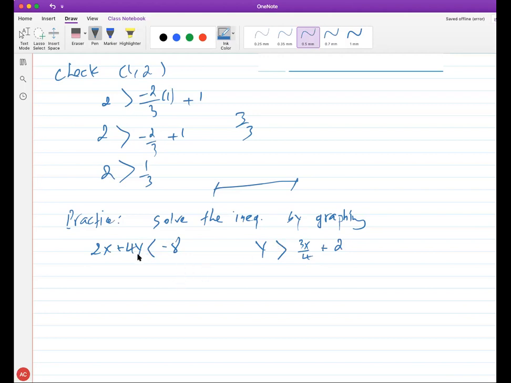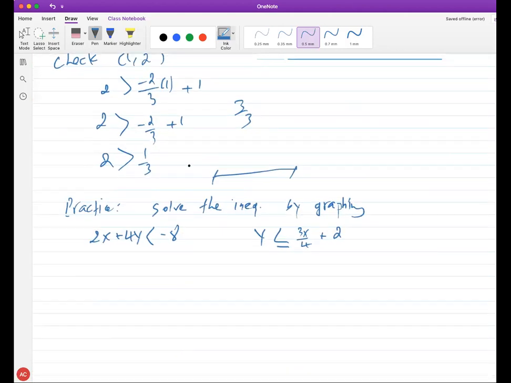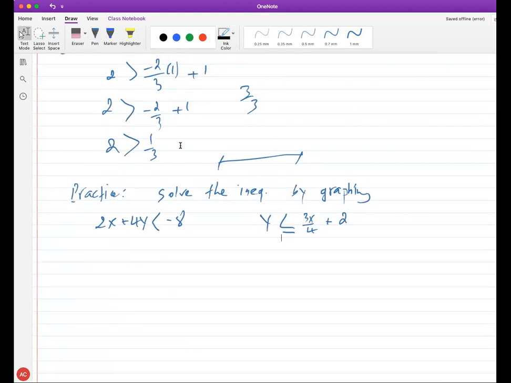Okay, got two examples here. Actually, let's change this a little bit. Make it this way instead. All right, let's say just these two. Again, do them the same way we just did. Take 10 or 15 minutes to finish that, and we'll check that together once you're done.